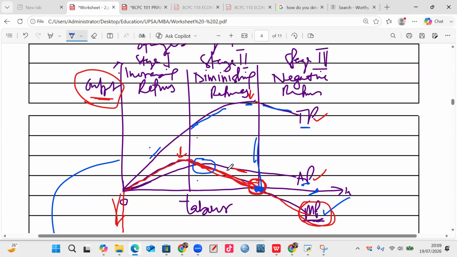The AP increases but cuts the MP at its maximum and begins to fall. The MP continues to fall to 0. In the third stage, the TP continues to fall. The AP continues to fall but doesn't reach 0. The MP falls into negative, or the MP decreases or declines into negative. That's the interpretation. Are you good?